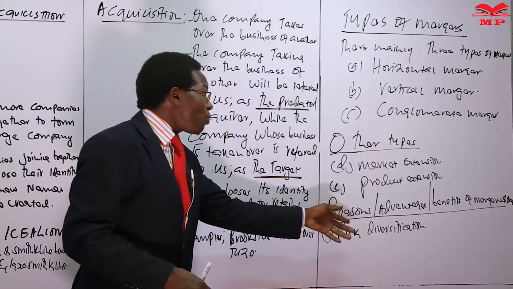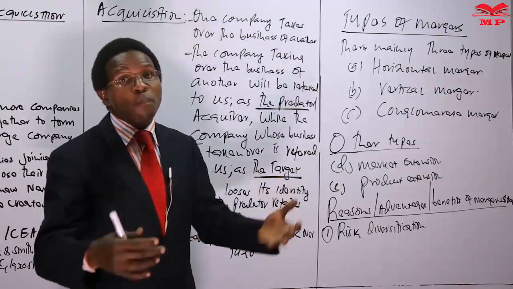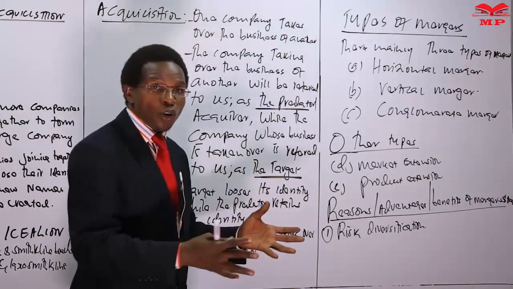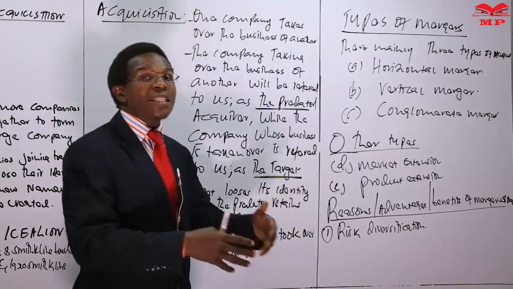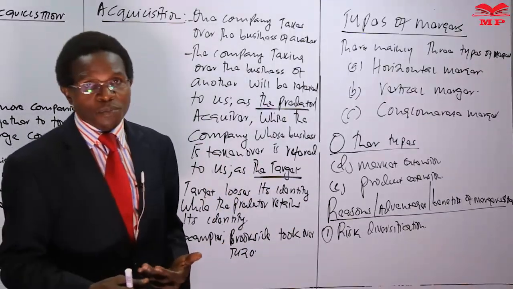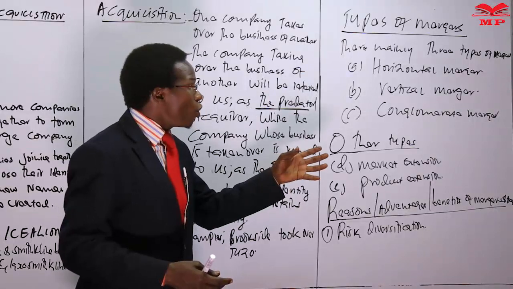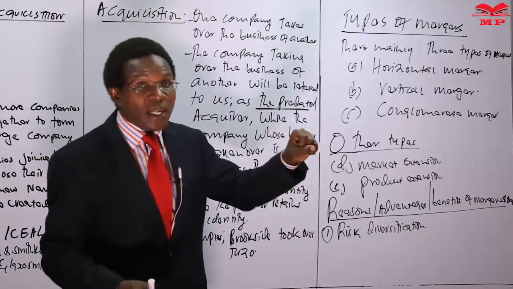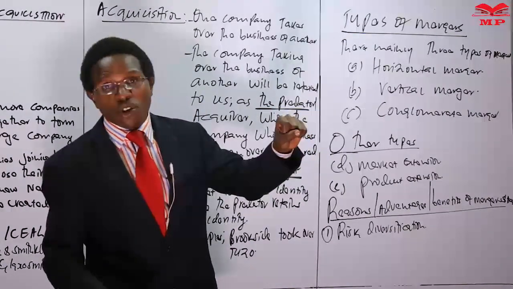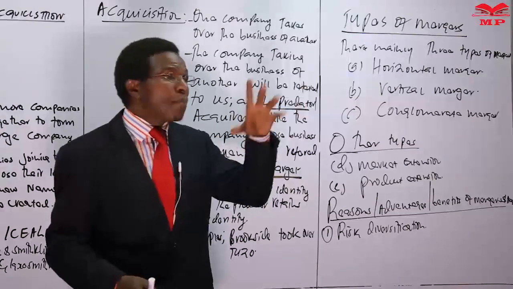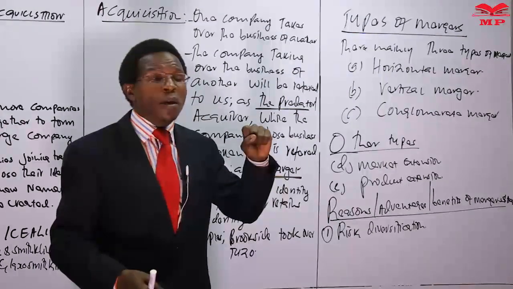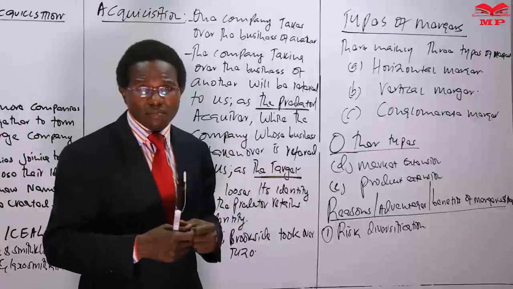This is also well explained when you talk of portfolio theory. You have a portfolio of investments, so you can easily diversify risk. For example, you merge with a company. One company is dealing with mabati rolling, to merge with Coca-Cola company.